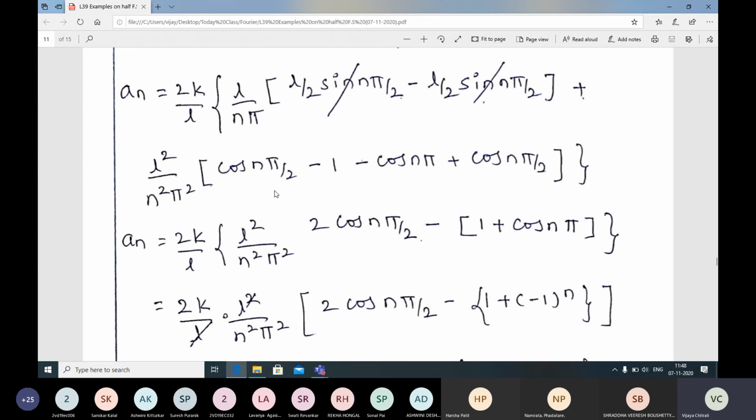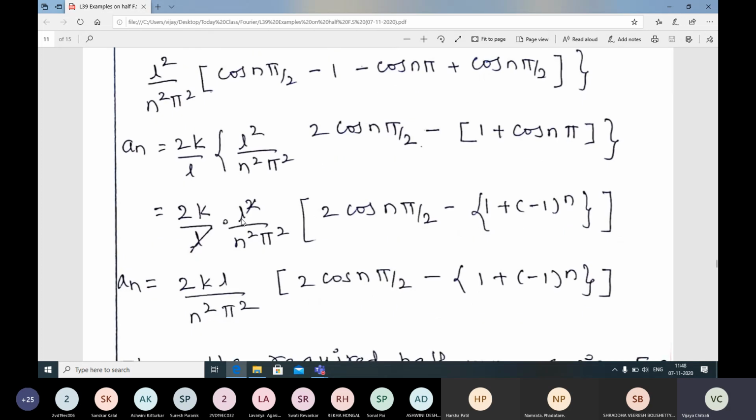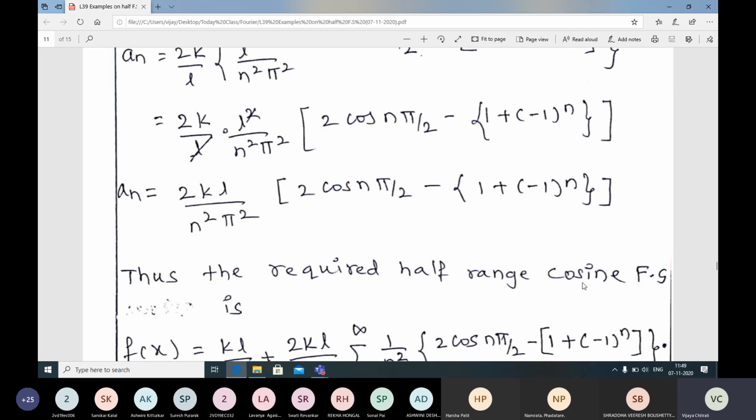Minus, this minus taking common, so minus 1 plus cos n pi. Now simplify. So 2k by L, L square divided by n square pi square, 2 cos n pi by 2 minus 1 plus cos n pi is (minus 1) raised to n. Now one L gets cancelled, right? So 2k and 1 L divided by n square pi square, 2 cos n pi by 2 minus 1 plus (minus 1) raised to n.